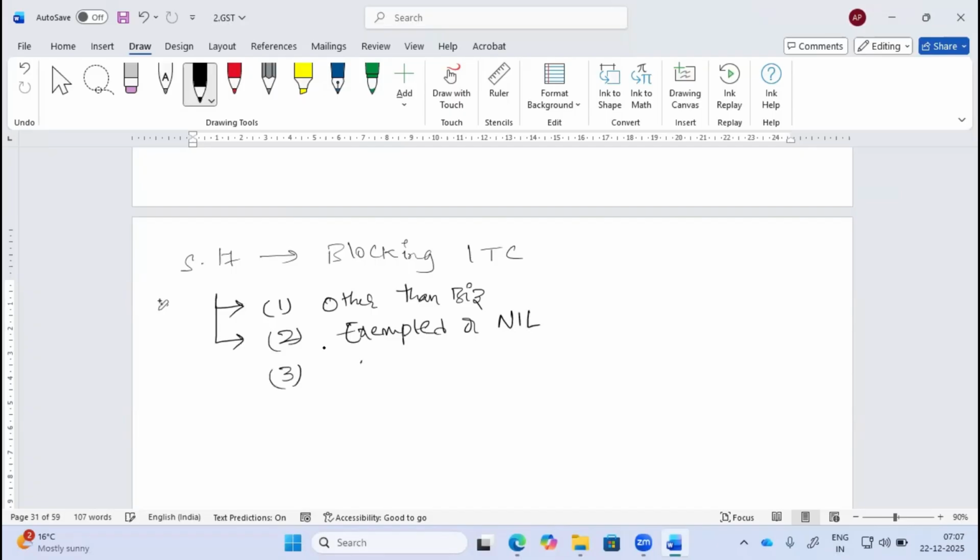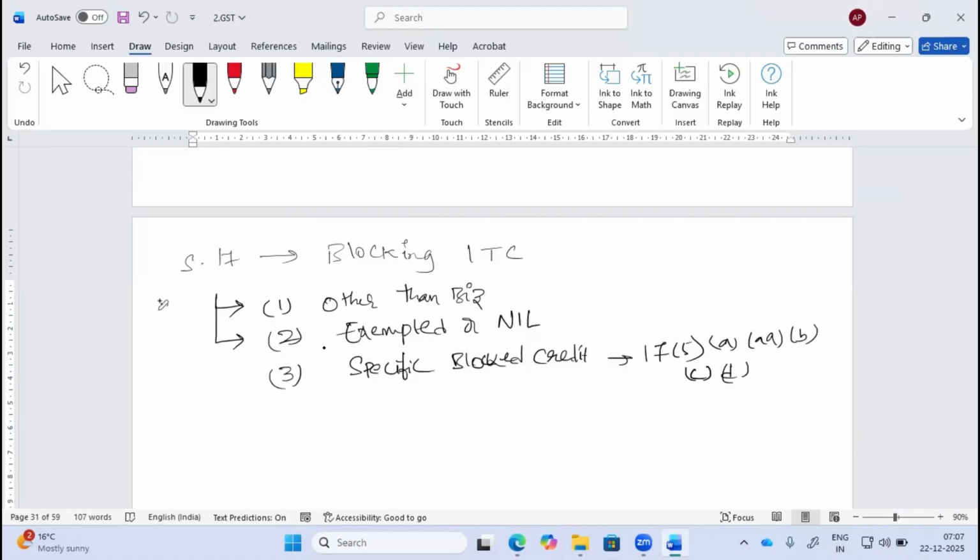Then you have specific block credit. What is that specific block credit? We have understood under section 17, subsection 5, clause A, then B, then C, D. We have studied like works contract, employee food and beverage, outdoor catering, beauty treatment, health treatment, hiring of a motor vehicle.